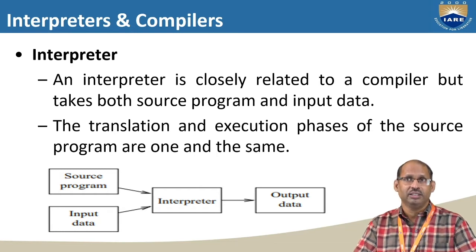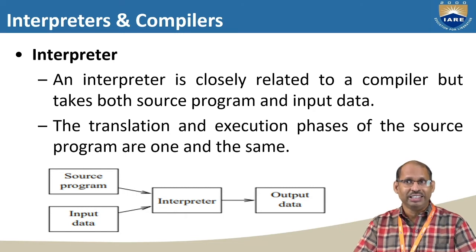Right? Here compilers will convert high level to low level language programs. But the interpreter's task is also to execute the programs, but without converting those high level language programs to low level language programs. Here it takes the source program and input data.